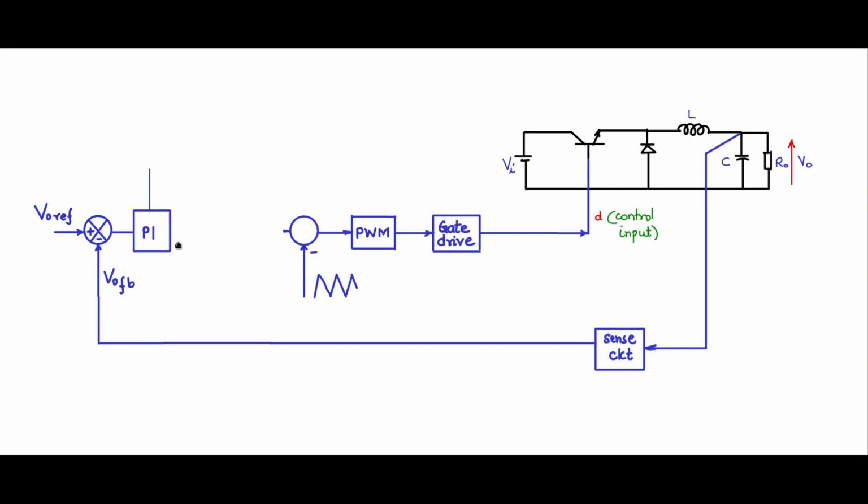Now this PI controller has two parameters, Ki and Kp, which we need to select just as I told you. First make Kp 0, and gradually increase Ki from a very low value to take the parallel with low bandwidth, and keep on increasing till you get a very good time response, and then fix that.